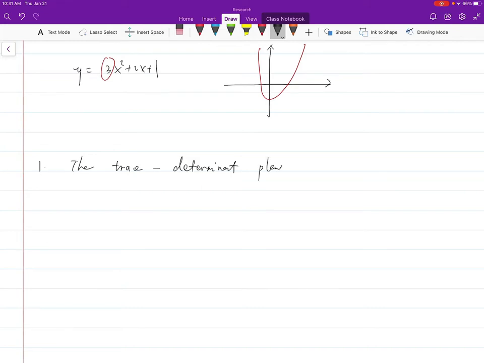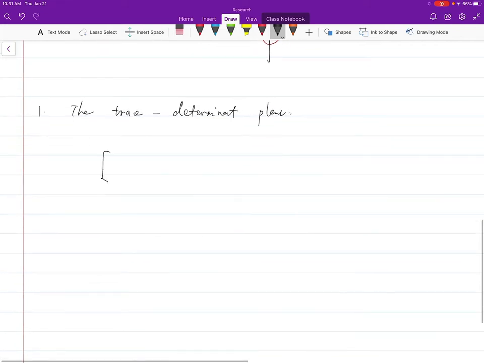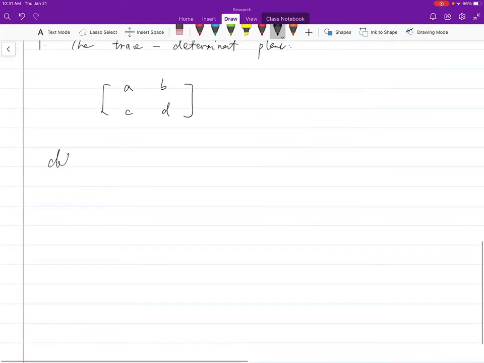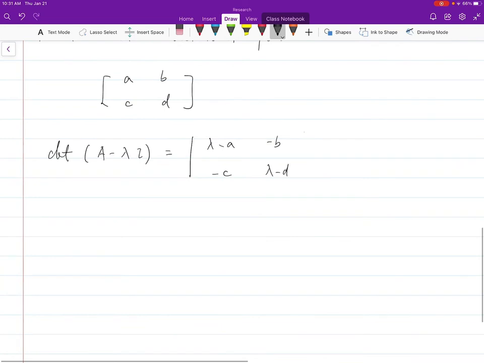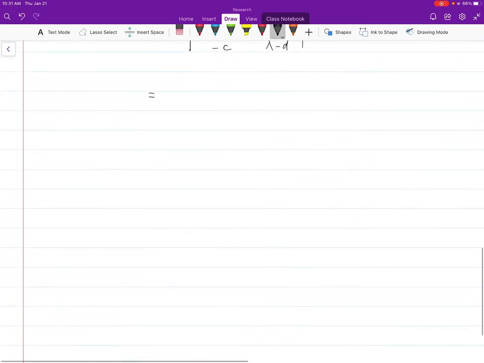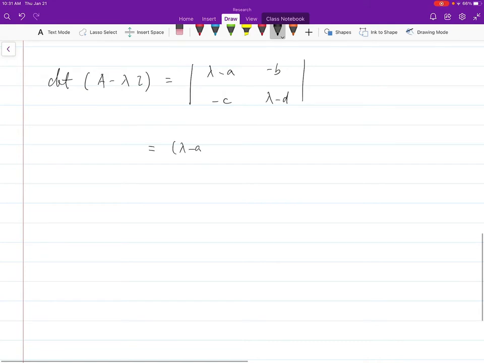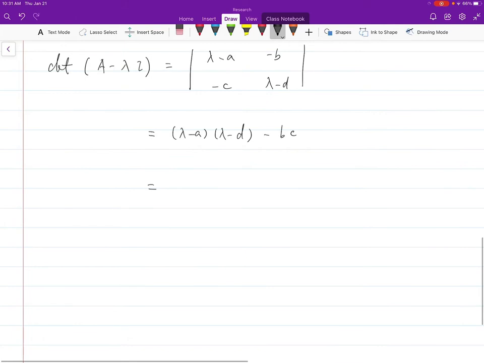The idea is quite easy. You have a 2 by 2 matrix, and you want to compute the lambda. That's certainly something you can do for general numbers, not just for some fixed numbers. Then what you have is lambda squared minus (A plus D) lambda plus AD minus BC.